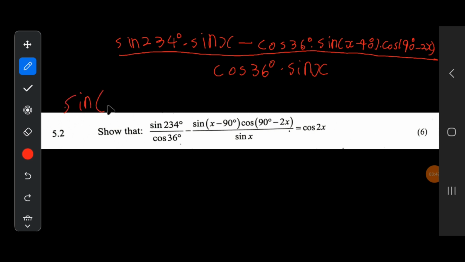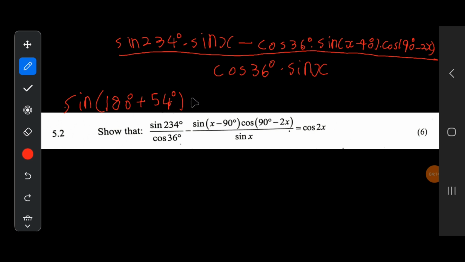We can use 360 minus, or 180 minus, or 90 plus, or 180 minus, the same thing. But what I'm choosing here is 180. So 180 plus a specific number gives you 234. What's that number? It's 54.